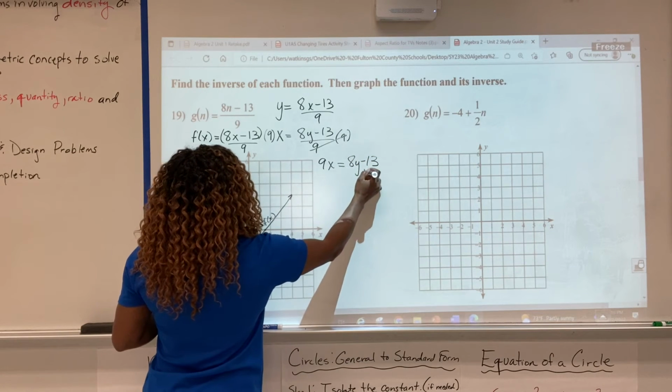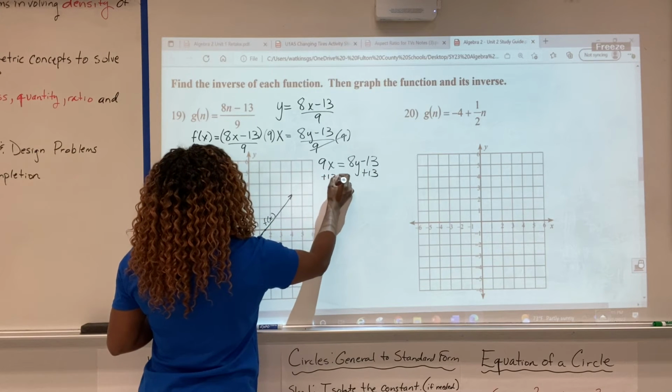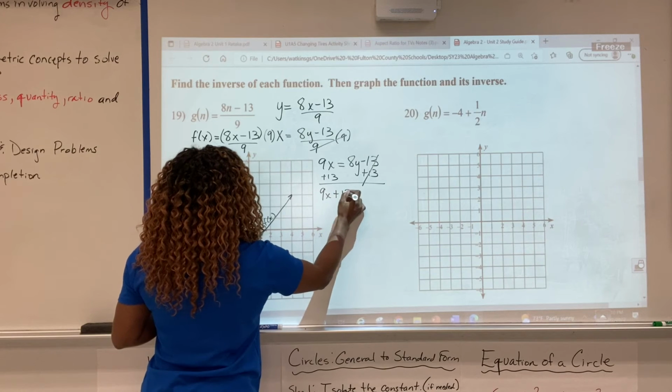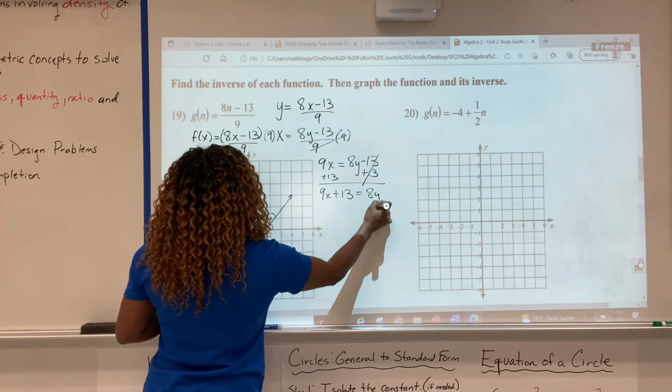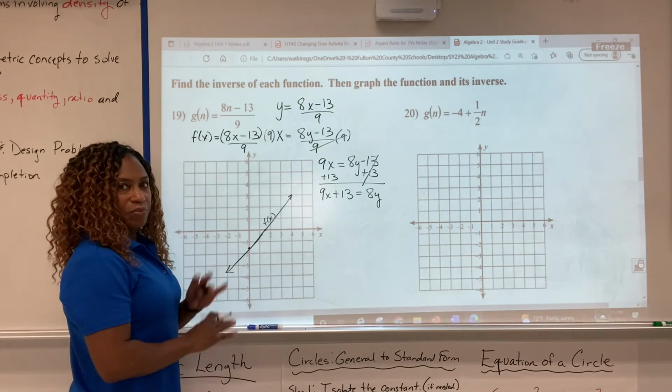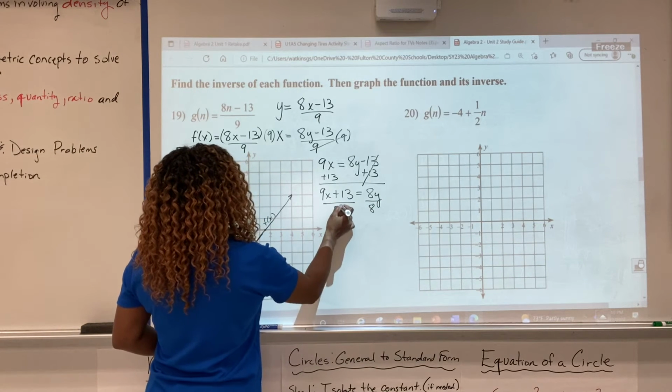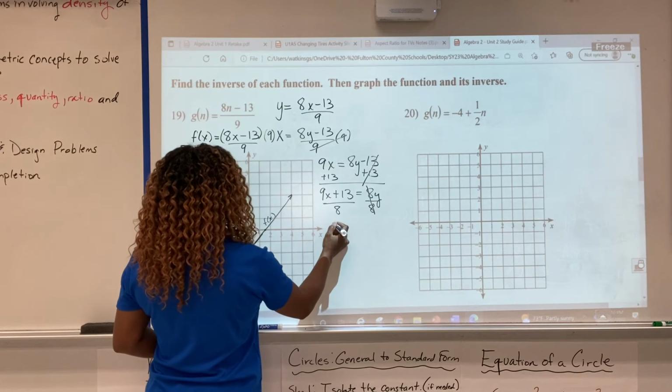Okay, let's go ahead and eliminate 13. So we're gonna add 13 to both sides. We've got 9x plus 13 that comes down equals 8y. Now to get the y completely isolated, you want to eliminate the coefficient 8. So that means you divide it on both sides.